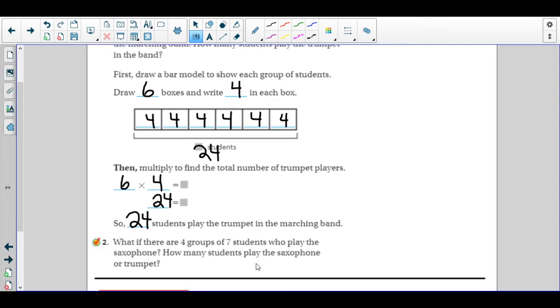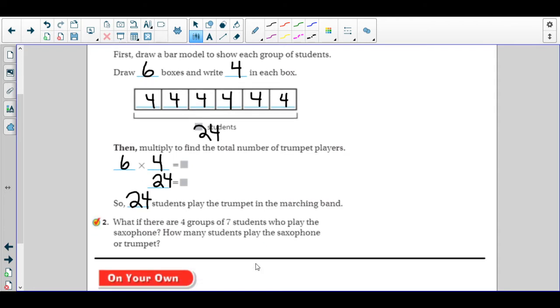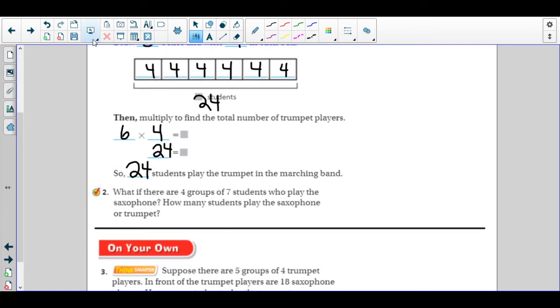What if there are 4 groups of 7 students who play the saxophone? How many students play the saxophone or the trumpet? Okay, and we can take a closer look at this and see what we can come up with. All right, so if we're going to do the bar model here, we need 4 groups.